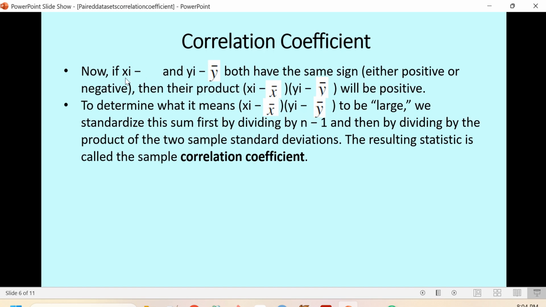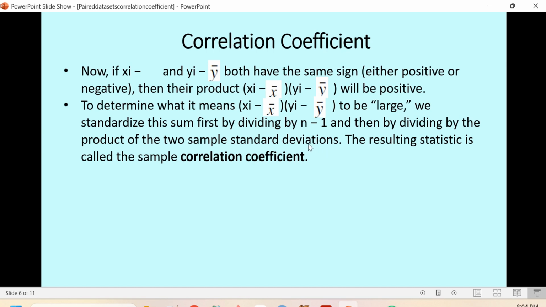So a positive product means either xi is a small value and yi is also small, or xi is a larger value and yi is also larger. This matches the scatter plot we showed earlier: small x with small y, and large x with larger y. So the product of these two will be positive.